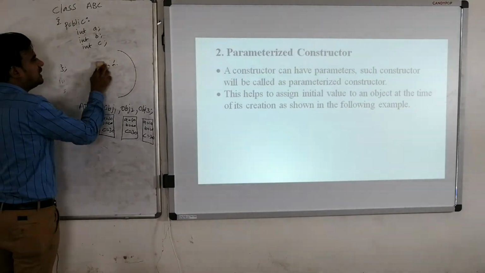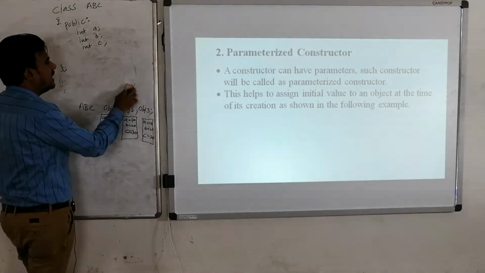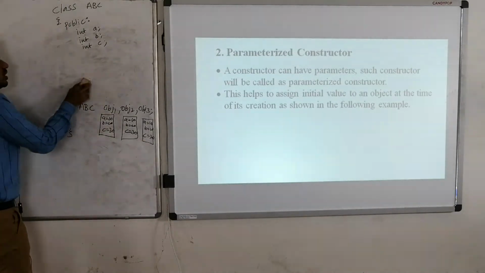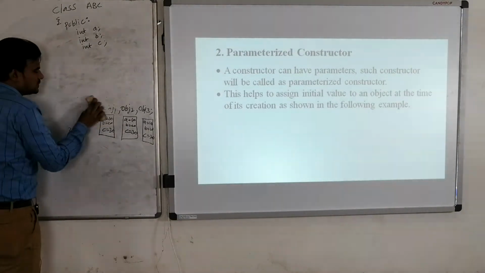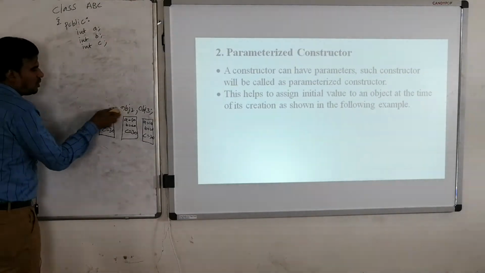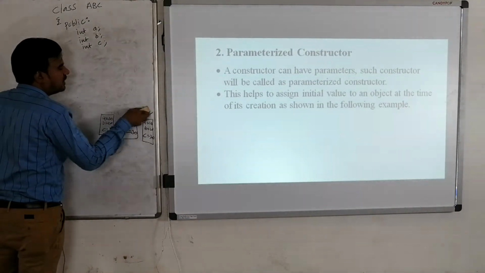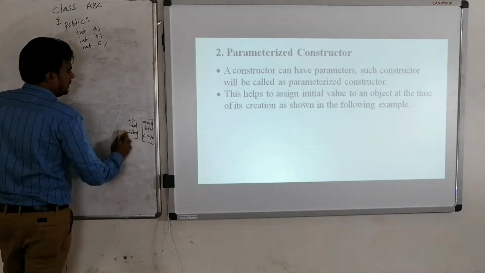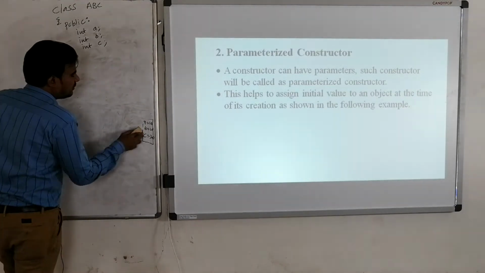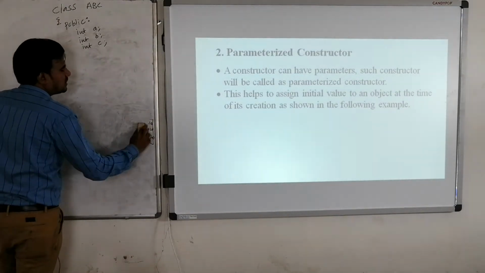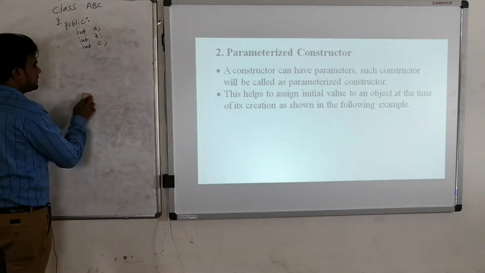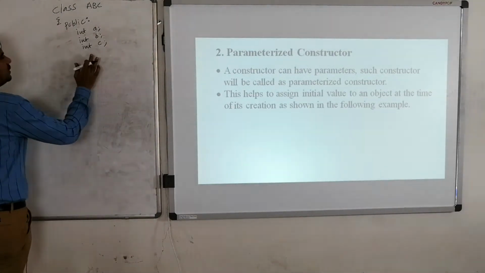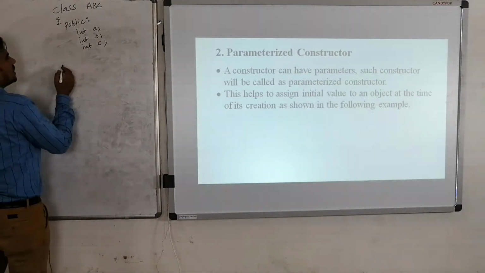The problem of using default constructors to initialize the data members is that all data members of all the objects get the same values. To avoid this problem, we go for the parameterized constructor. The concept is very simple: instead of taking constant values inside your constructor, we use parameters, so that different objects will get different values for their data members.